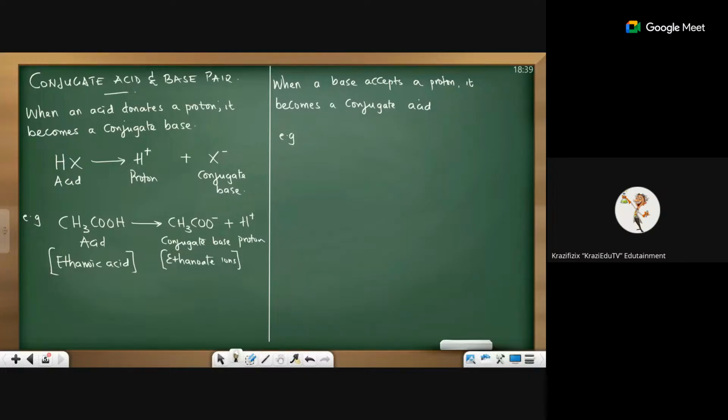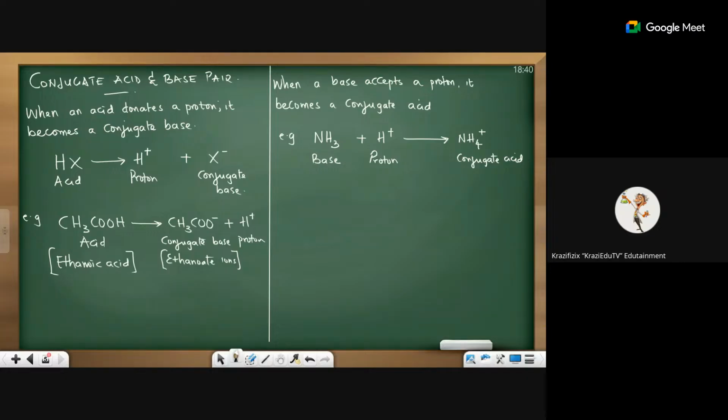Example, if I have my ammonia that receives a proton, then what does it become? NH4+. So that is my base. Accept means we are adding. What are we adding? We're adding a proton. That is going to be a conjugate acid.